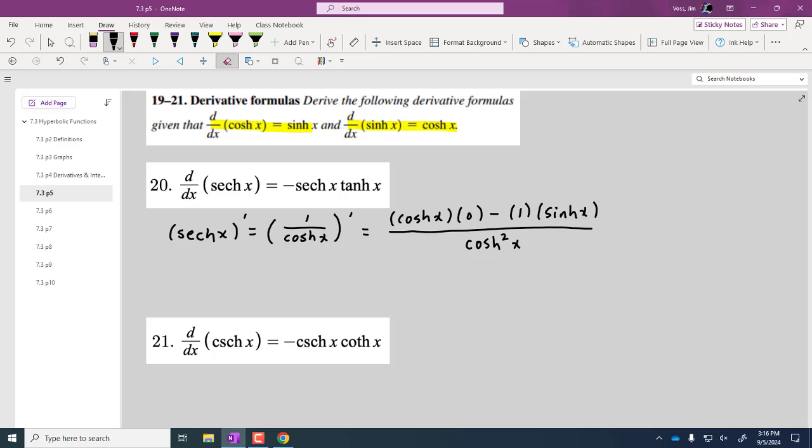And of course, cosh times 0 is 0. So we end up with negative sinh divided by cosh squared. And I'm going to separate cosh squared into cosh times cosh.